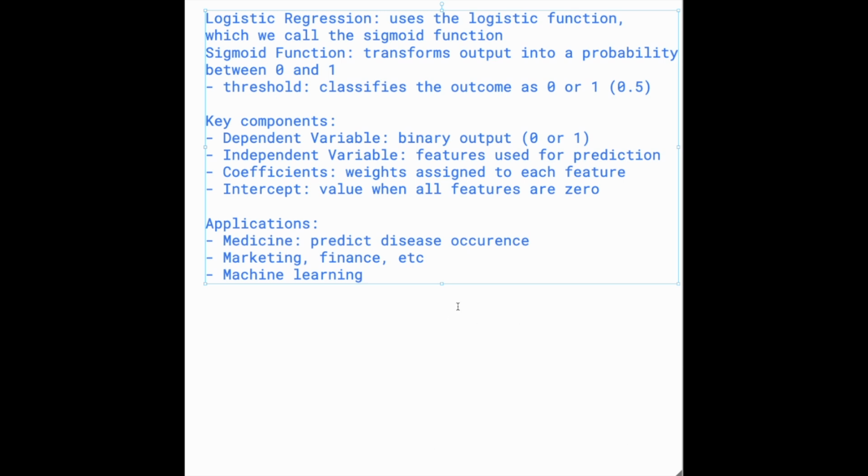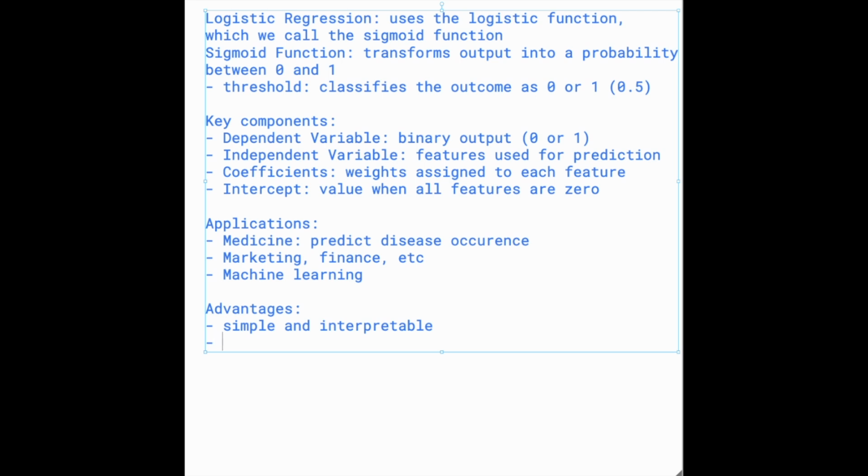I'm going to be talking about some advantages and disadvantages. Advantages: it's very simple and interpretable. It's 0 or 1, and you're given an output value, and then you just have to determine whether that's close enough to 0 or close enough to 1 to be considered 0 or 1.